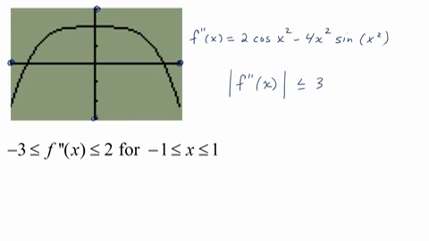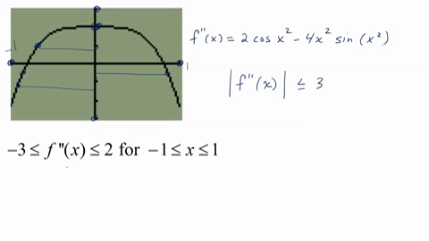And as we can see, as we go from x equals -1 to x equals +1, all of the second derivative values, no matter what we pick, are between -3 and +3. Actually, it's between +2.